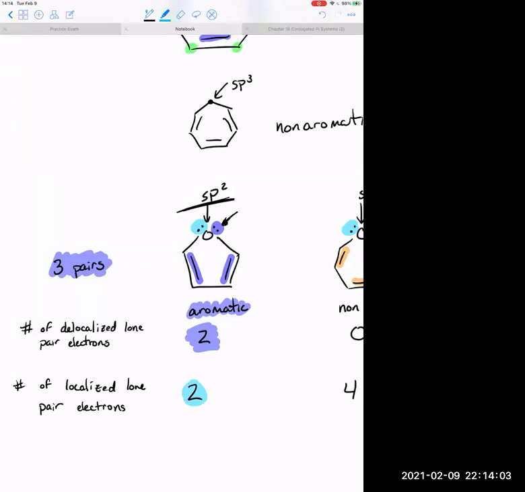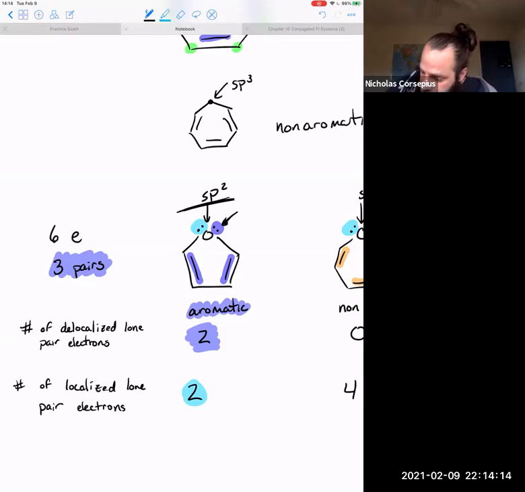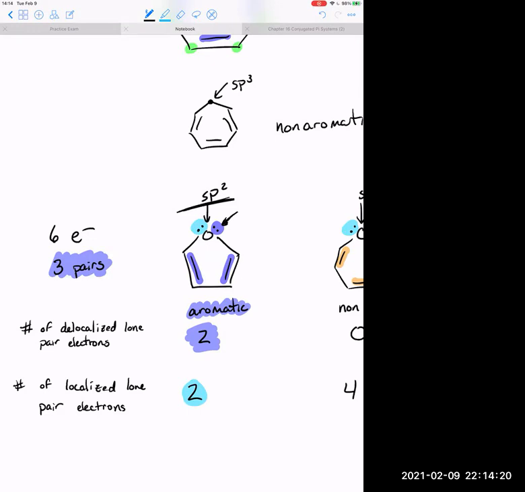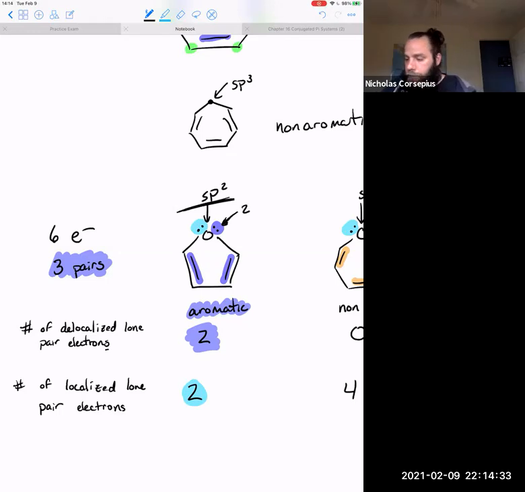So when you're saying pairs, you mean like each electron? Well, no, so there are 6 electrons or 3 pairs of electrons. Right. So for you, when you say the number of delocalized lone pair electrons for this, I'm referring to these 2 right here.